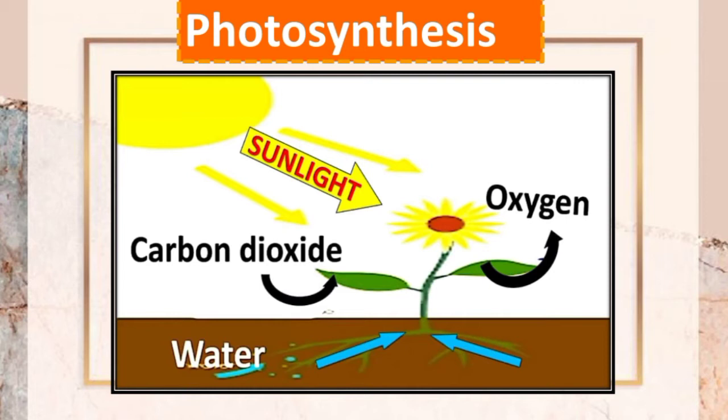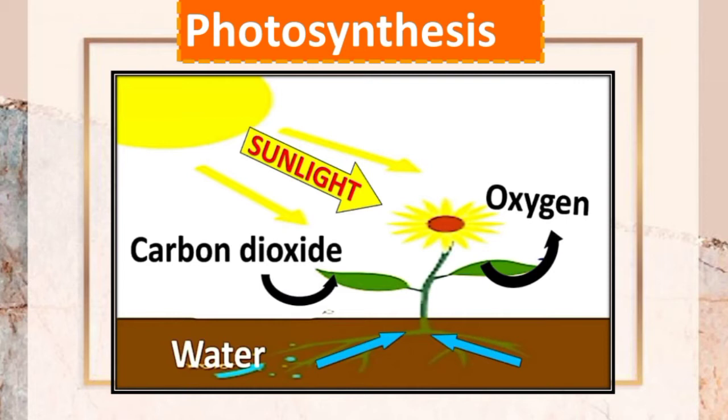Another material, carbon dioxide, is taken in through stomata. And after the food is prepared, oxygen is given out through that, and that performs some important function for the plants, like they take in and give out air, they remove water vapor and oxygen after photosynthesis from the plant.